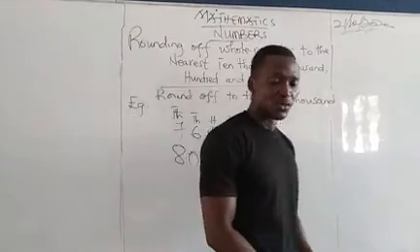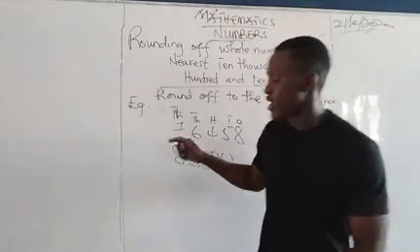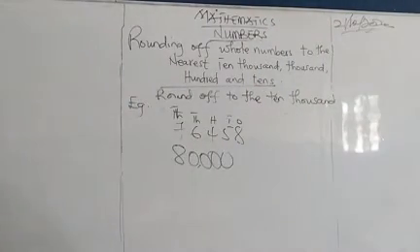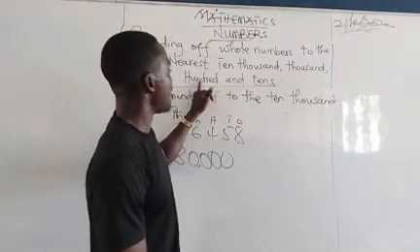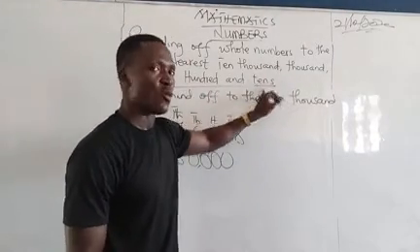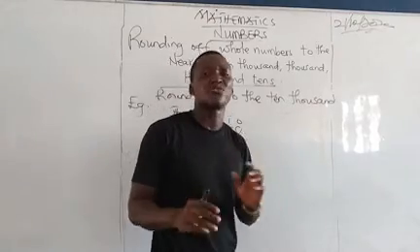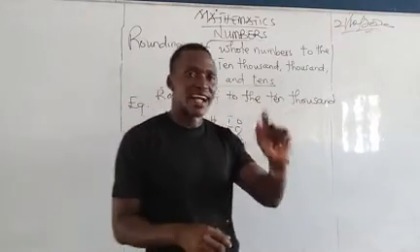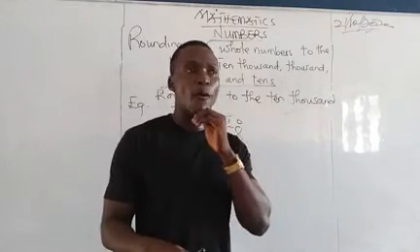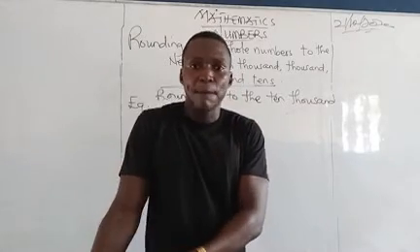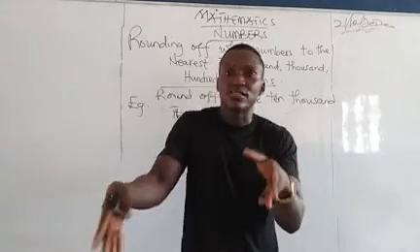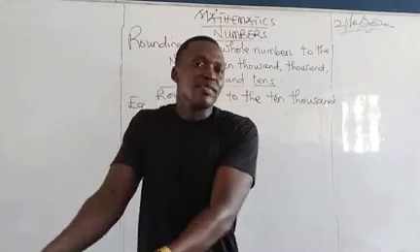That's all we are going to do today. From this, we can solve every example under rounding numbers to the nearest 10,000, 1,000, 100, and tens. What you have to do is know your targeted number. What are you looking for? If we are rounding to the nearest 100, know your 100th number. If you are rounding to the thousands, know your thousandth number.